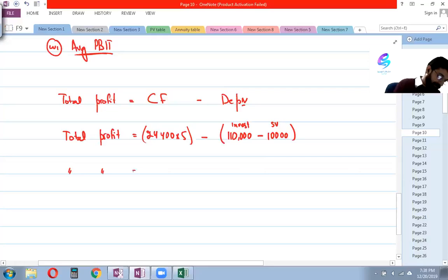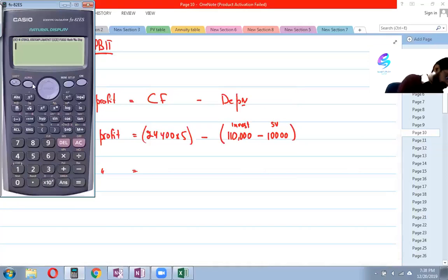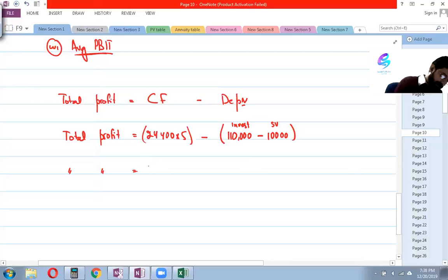So the total profit figure will be 24,400 multiplied by 5, minus 100,000, which will be 22,000.